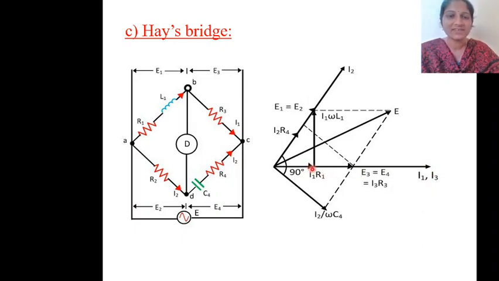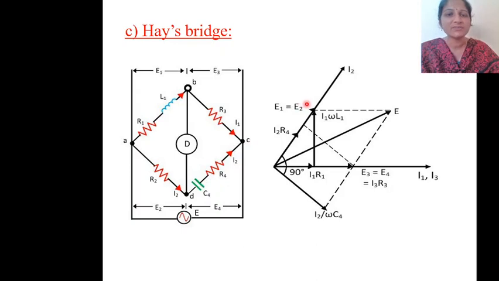So this is the I1 R1 vector, and j into I1 omega L1 means j represents 90 degrees, so you need to draw a perpendicular line to I1 R1. This is the I1 omega L1 line, and by adding these two vectors you get E1. E1 is equal to E2, and E2 is a purely resistive component, that is I2R2.